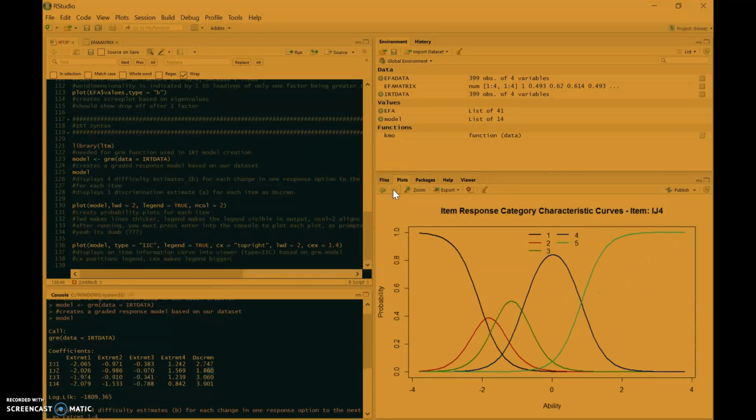And IJ4 has some different difficulty values, mostly because it's more centered around 4. You see the 4 curve is here at 0, so there's less discrimination going on.